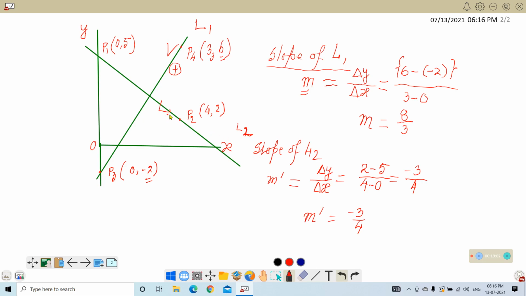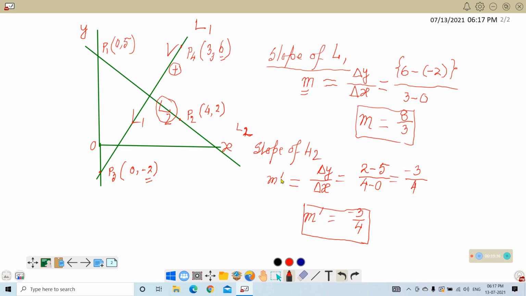This is L2, and this is L1. Okay. So for this L2, the slope is negative. So you have to remember the positive slope of a straight line and the negative slope of a straight line. There are two types of straight lines. Either the slope is positive or the slope is negative for a non-vertical line. And for a vertical line, the slope is another, and for a horizontal line, this is also another.